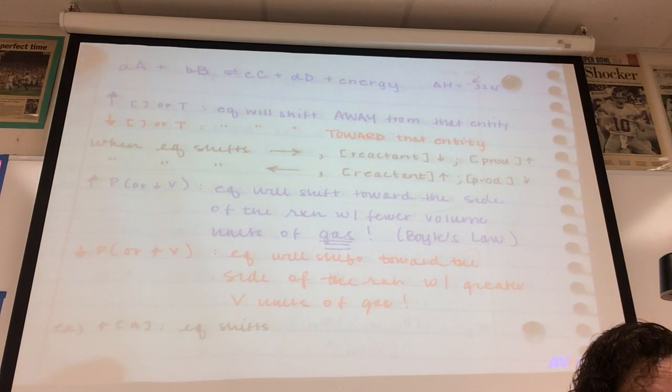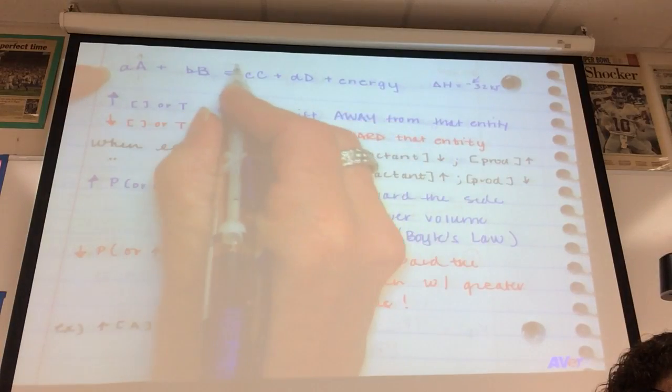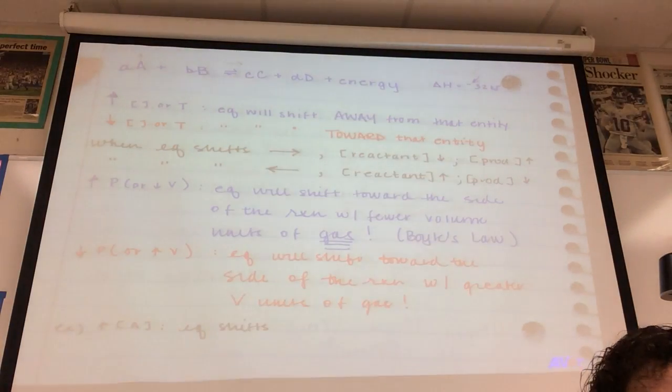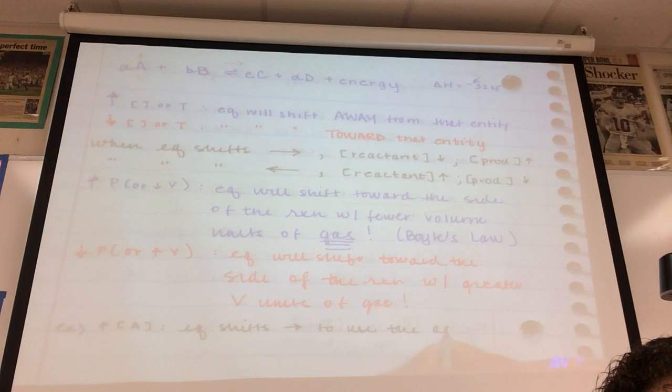If we increase A, we need to shift away from A. So equilibrium shifts in the forward direction to use the added A. We can write forward, right? Forward would be better.